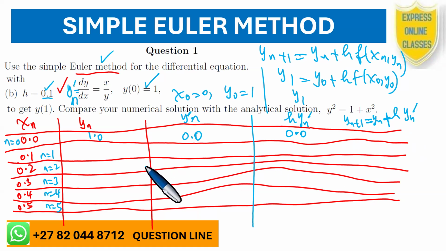So now you add this with this. If you add yn and h times yn prime, you get the next y value.